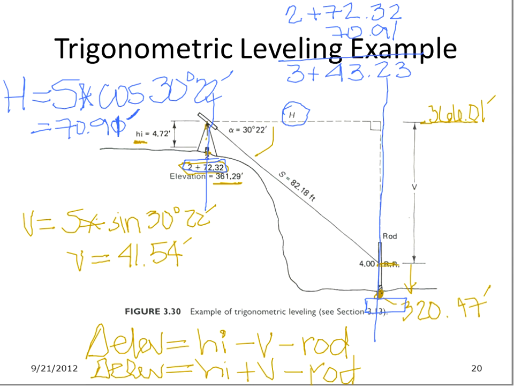So the stationing at our next point is 3 plus 43.23. Does that make sense? Are we good on that? How did I get that? Okay.